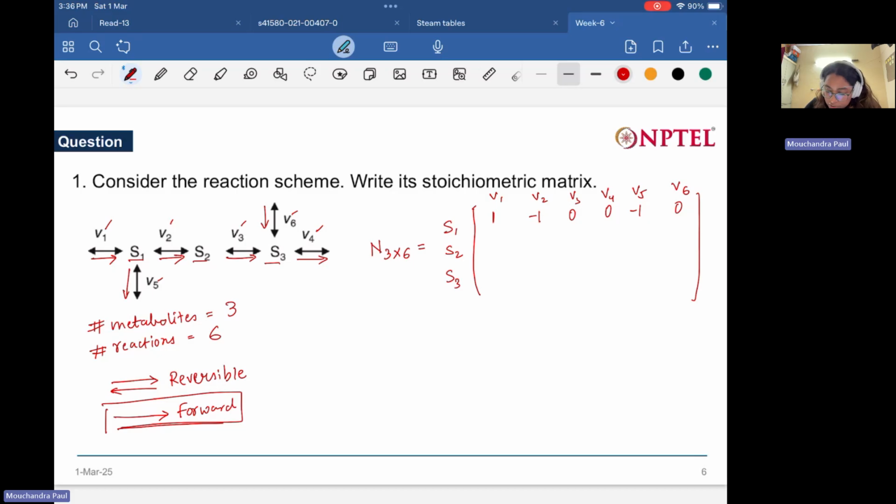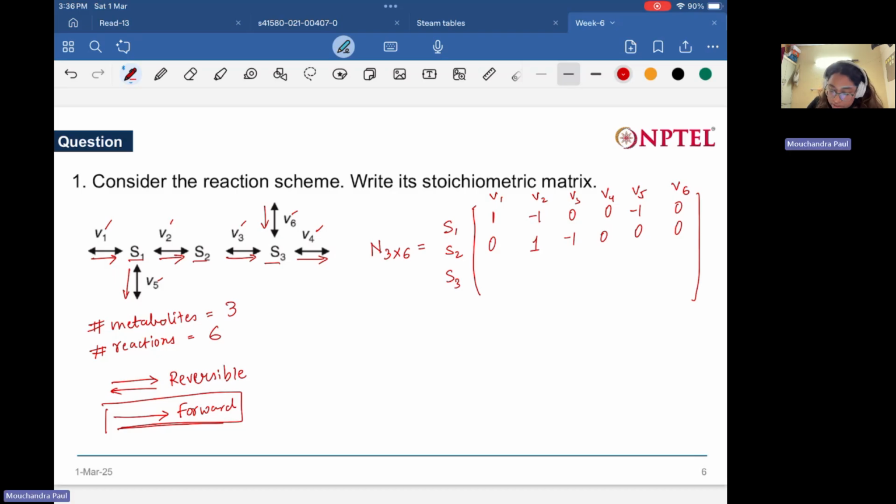Second row for metabolite S2. S2 is not at all involved in reaction 1, so 0. S2 is the product for reaction 2, +1. S2 is the reactant for reaction 3, so -1. Then S2 is not involved in reaction 4, reaction 5, or reaction 6.